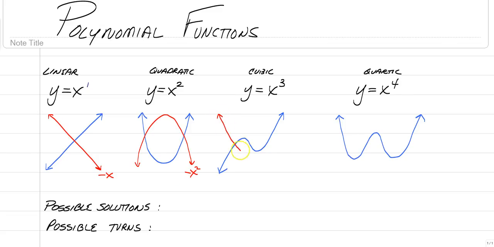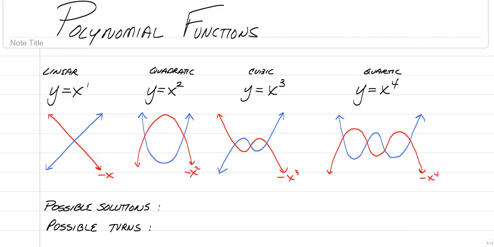If we were to multiply this guy, that would be a negative x cubed. This would be a negative x to the fourth. But as you can see, the end behavior is still going to go in the same direction if it's even, and it's still going to go in opposite directions if it's odd.